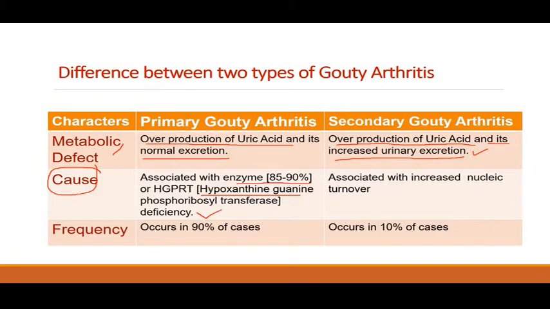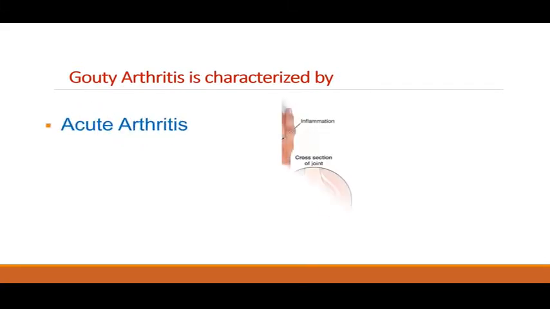In case of secondary gouty arthritis, it is associated with increased nucleic turnover. As far as frequency is concerned, primary gouty arthritis occurs in 90% of the cases and secondary gouty arthritis occurs in 10% of cases. Gouty arthritis is characterized by many morphological changes.